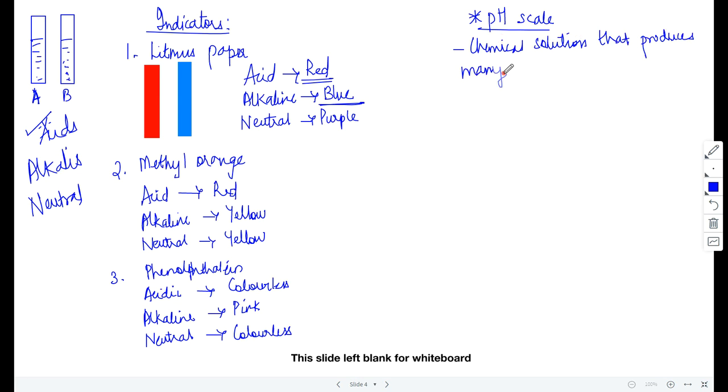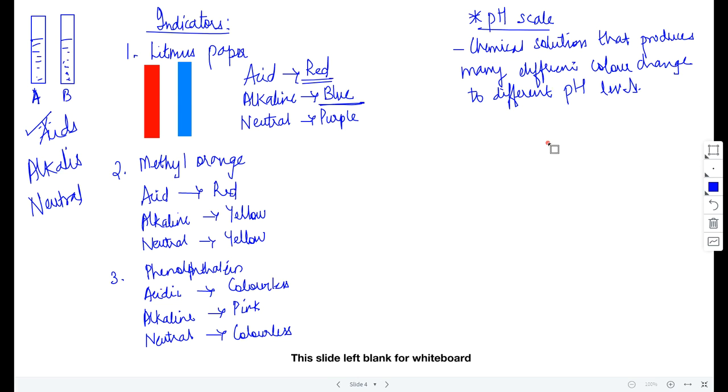Okay, so universal indicator is nothing but a chemical solution that produces many different color changes to different pH levels. This is a universal indicator.